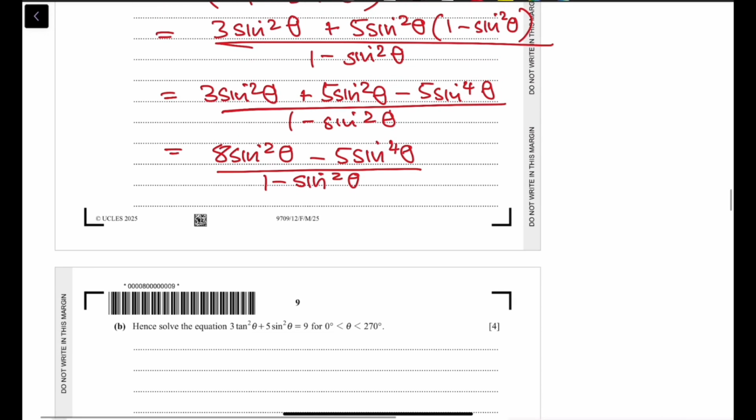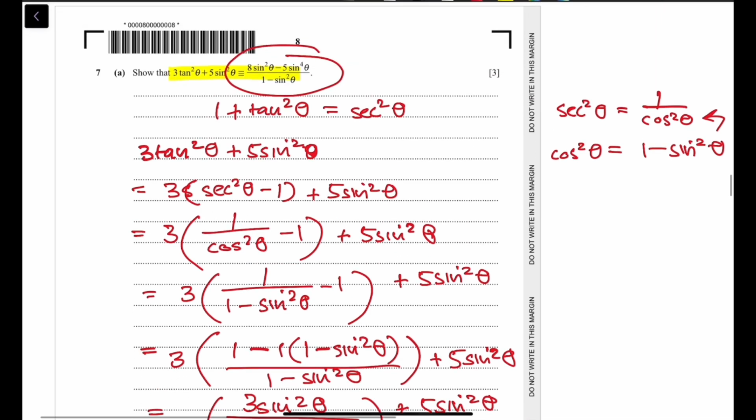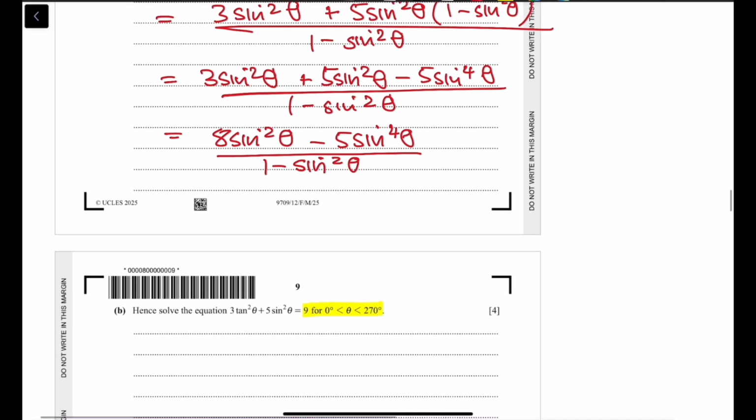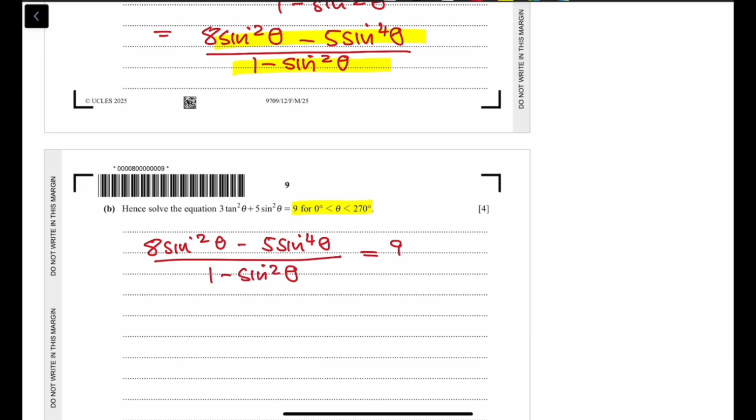Now it says hence solve the equation 3 tan squared theta plus 5 sine squared theta equals 9 for the following interval. As you can see, they've just taken this, so what we can do is take this to equal 9 instead. So we end up with 8 sine squared theta minus 5 sine to the power 4 theta over 1 minus sine squared theta equals 9.